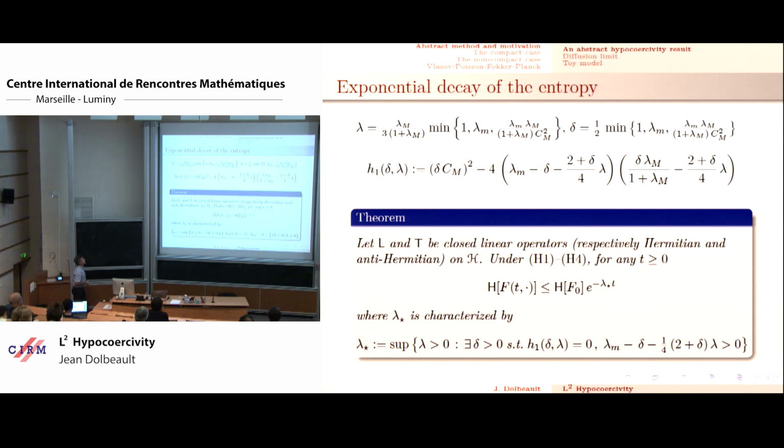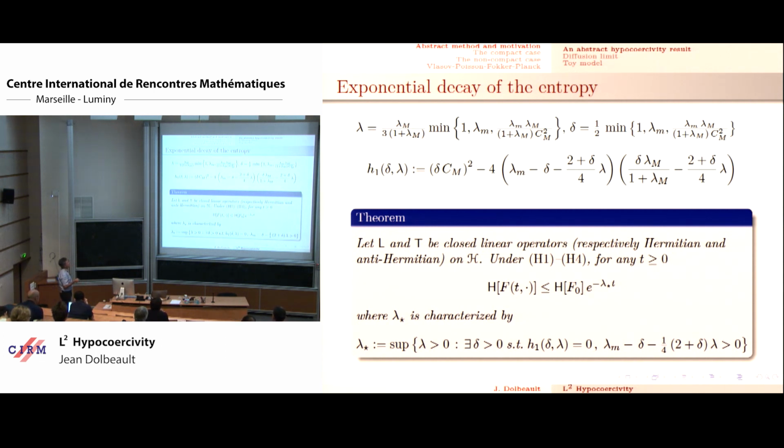Okay, so here is the result that you can state using the four assumptions. You can find an explicit lambda, which depends on the various quantities that I had in the assumptions. Also on delta, you can pick a delta and a lambda here, such that this quantity has a sign. I will come back to this a bit later. And this gives you the rate.